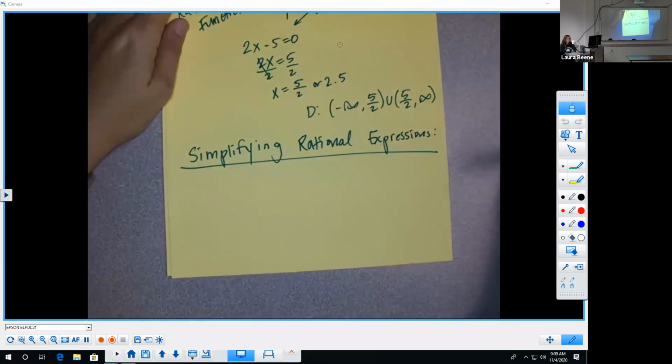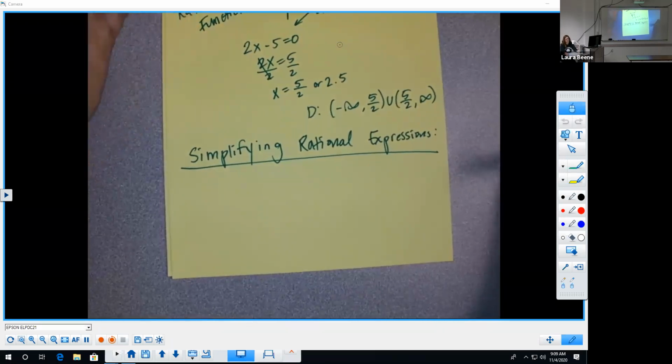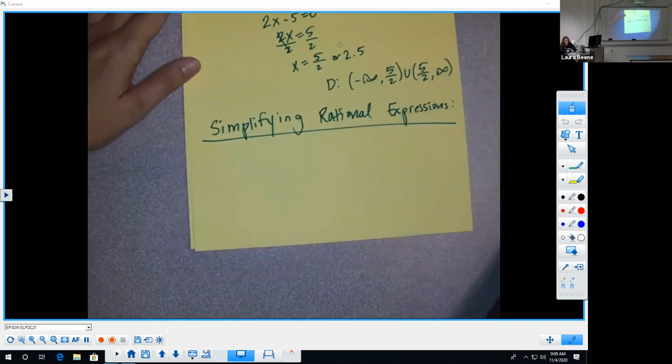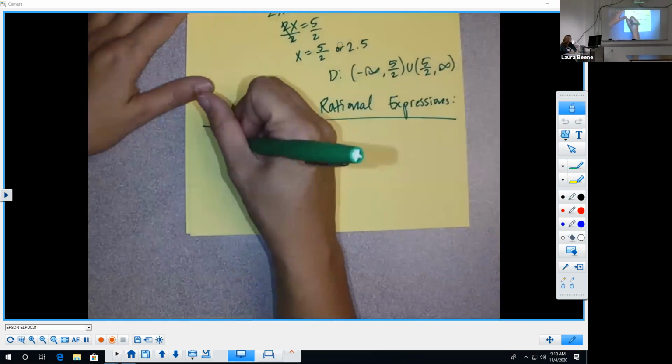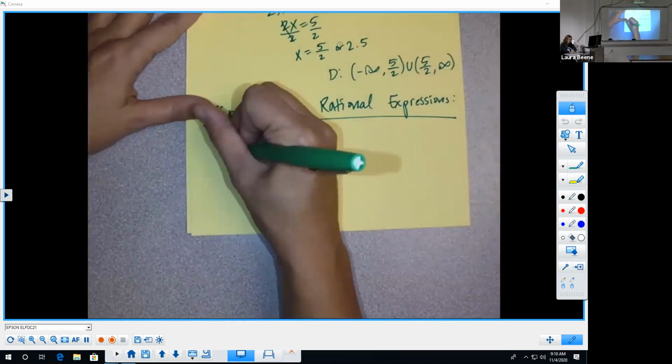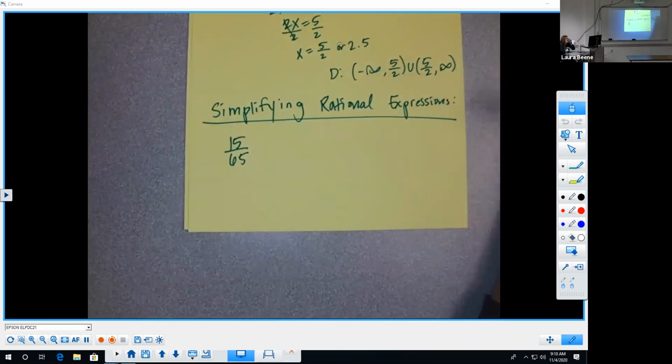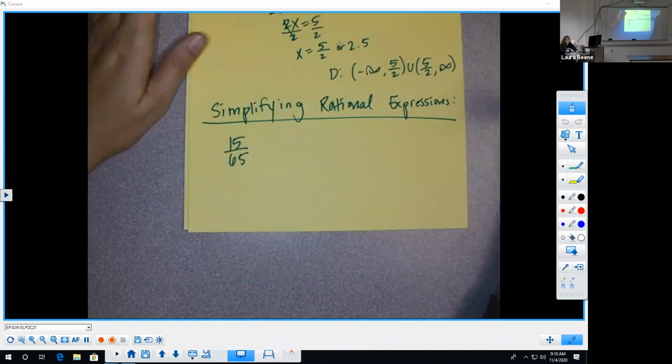Okay, all that a rational expression is, is just a fraction that has x's in it. So we simplify rational expressions the same way we simplify regular fractions. So let's review how we simplify a regular fraction. If I had the problem 15 over 65, just a plain old fraction, can I simplify that fraction?